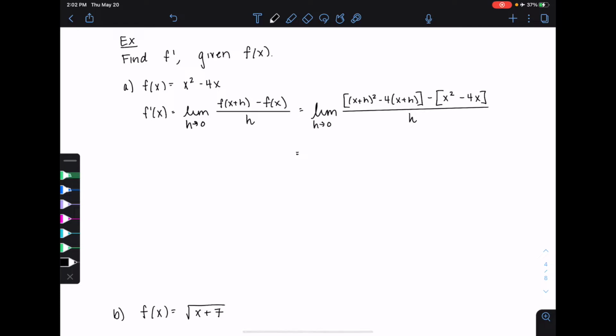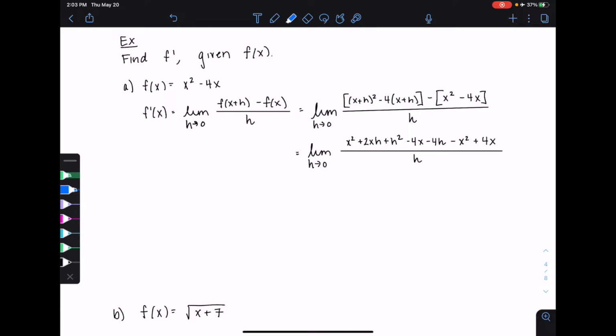So this gives us the limit as h approaches 0. Gotta FOIL this thing out, unfortunately. X plus h squared will give you x squared plus 2xh plus h squared. Distributing the minus 4 gives you minus 4x minus 4h. Distributing the minus gives you minus x squared plus 4x, divided by h.